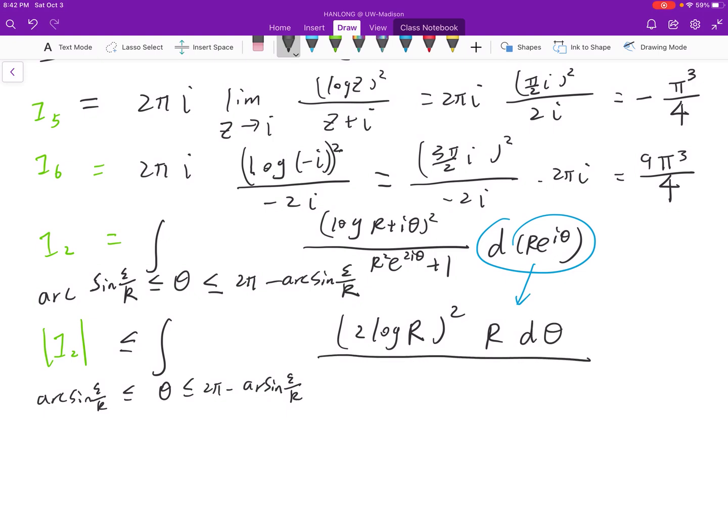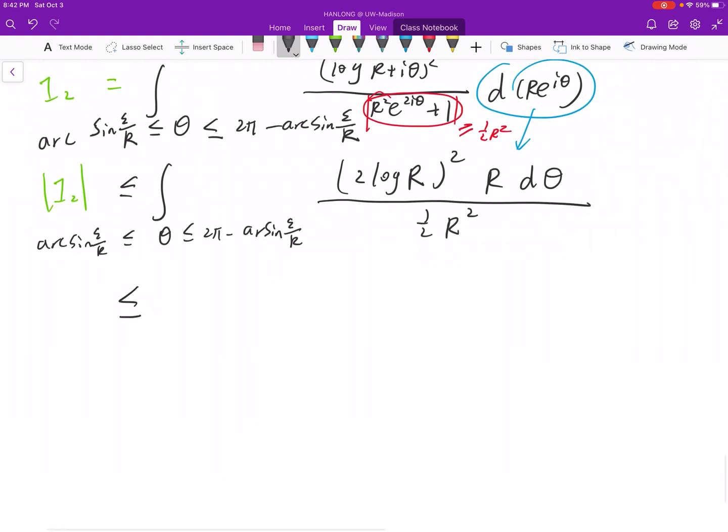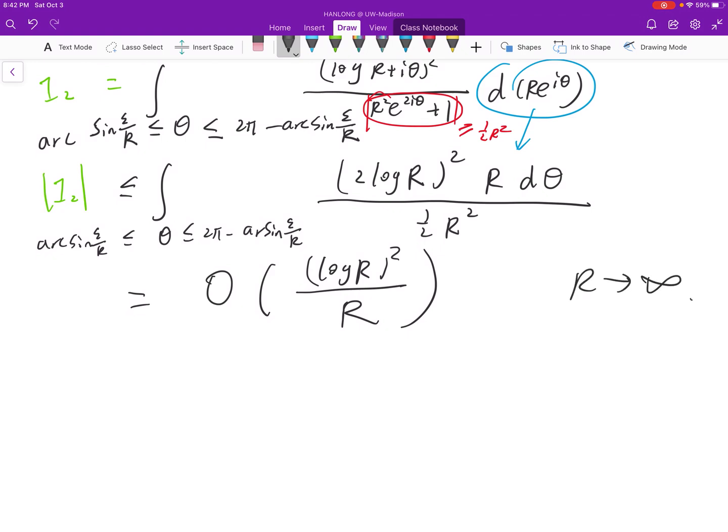The denominator's norm will be at least 1/2 r squared when r is large enough. So this will be bounded by (log r) squared over r when r goes to infinity. It's clear this goes to 0.